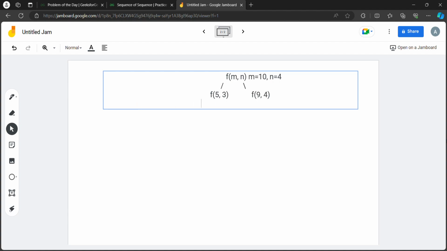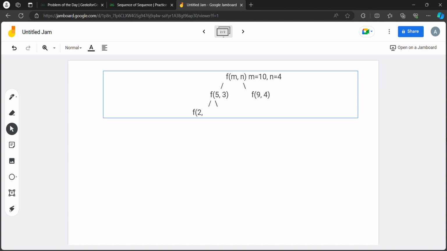Next, if we take 5 as the last element, then the next element will be 5 by 2, which is 2, and the size decreases by 1, so it will be 2.